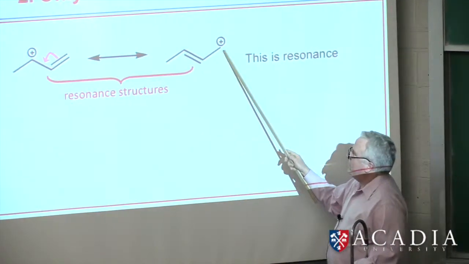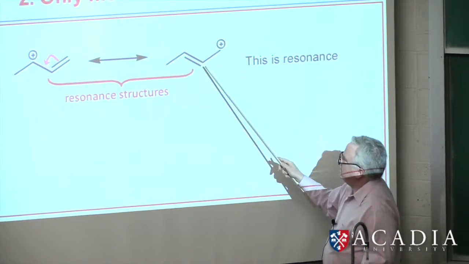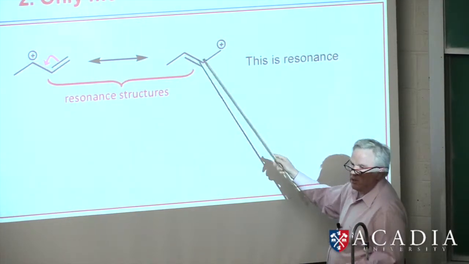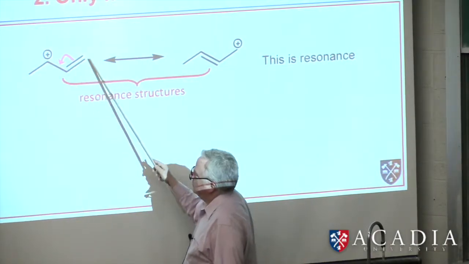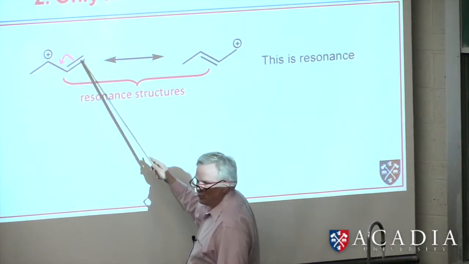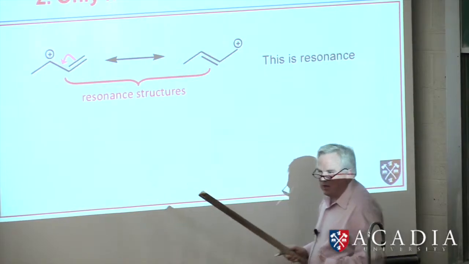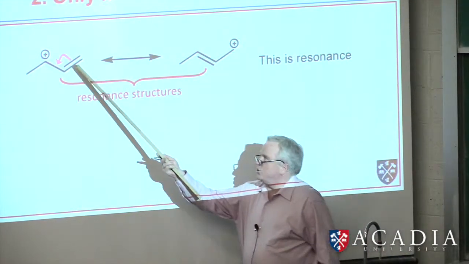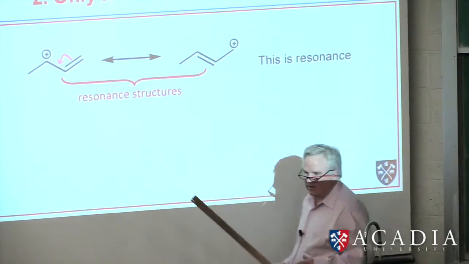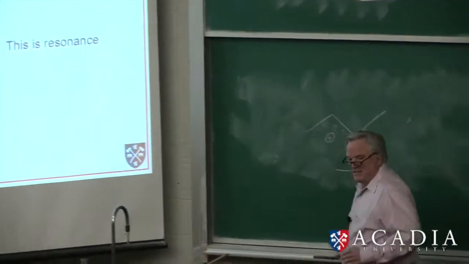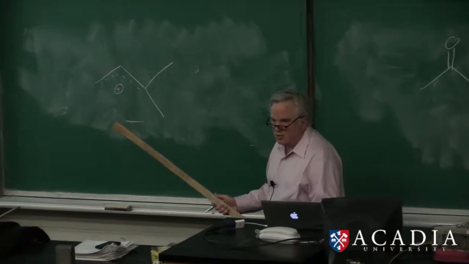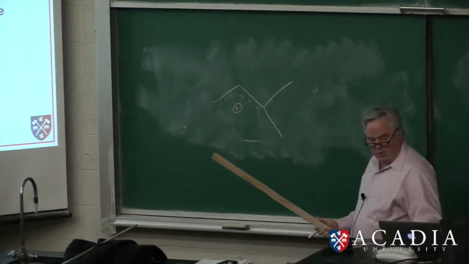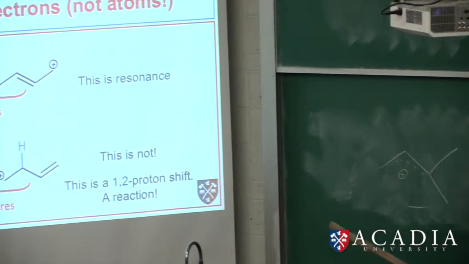So now we have an empty p orbital over here and 2 electrons in this p orbital. In reality, we have 2 electrons in 3 atoms in the pi system rather than 2 electrons in just 2 atoms and an empty p orbital there. So this is resonance. This is not resonance, okay? So we can push our curly arrows.